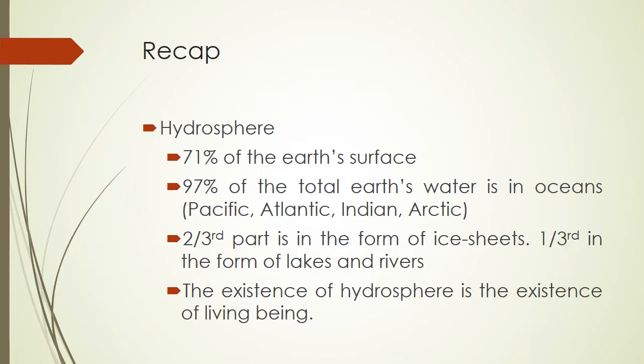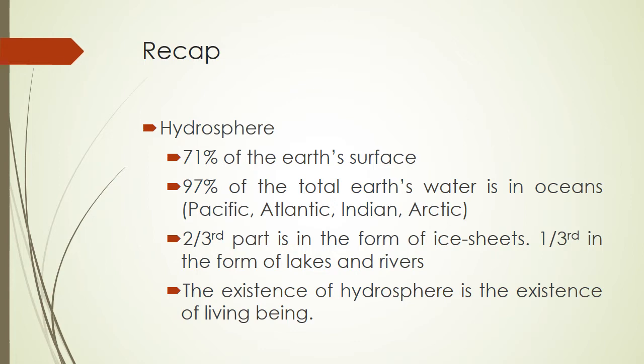We know oceans, they are huge water mass. And basically we have 4 main oceans: Pacific Ocean, Atlantic Ocean, Indian Ocean and Arctic Ocean. Most of the water, that is 97% of the earth's water, is in oceans and it is saline water. That is, it is made up of salt.